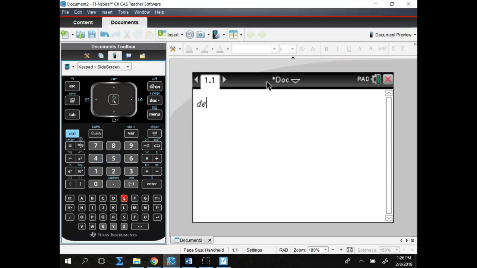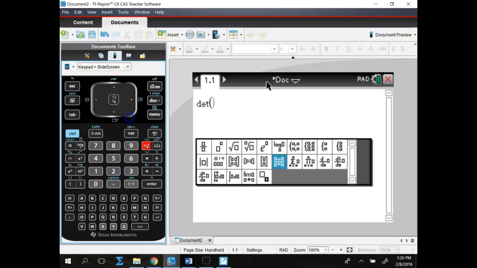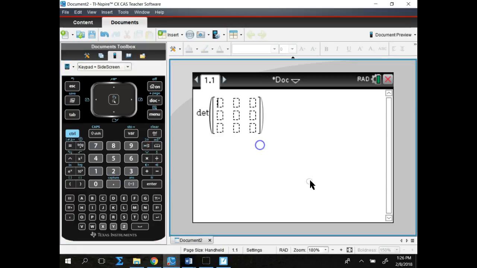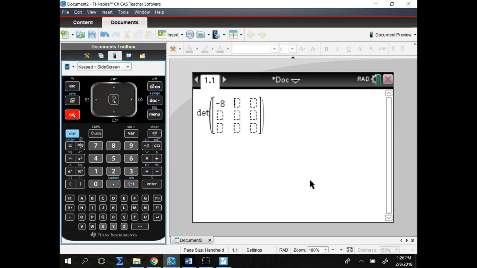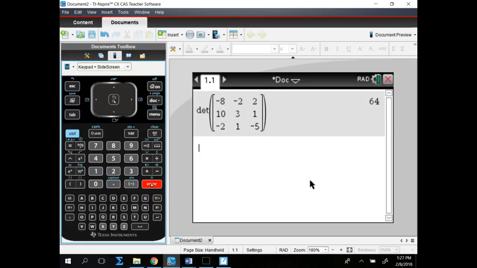I'm going to go DET of my 3 by 3 matrix, and then I'm going to enter negative 8, negative 2, 2, 10, 3, 1, negative 2, 1, and negative 5. And that gives me 64. What? Is a negative sign somewhere? I do something, so I got 24.